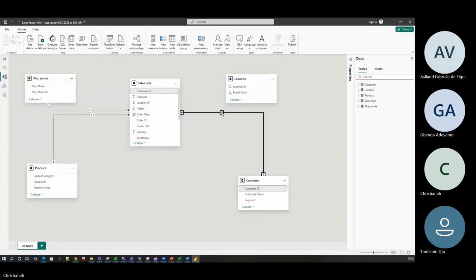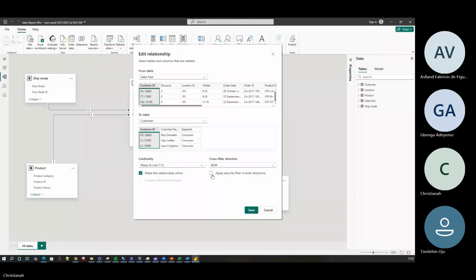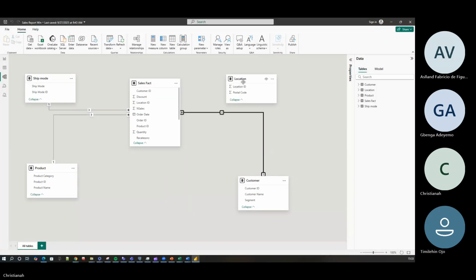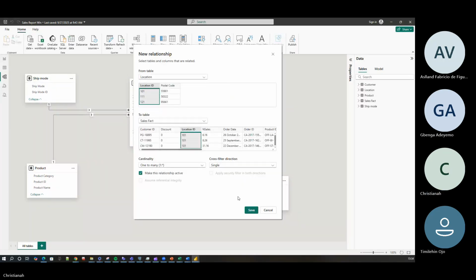Change it and save. Now location ID to location ID, single direction, active relationship.